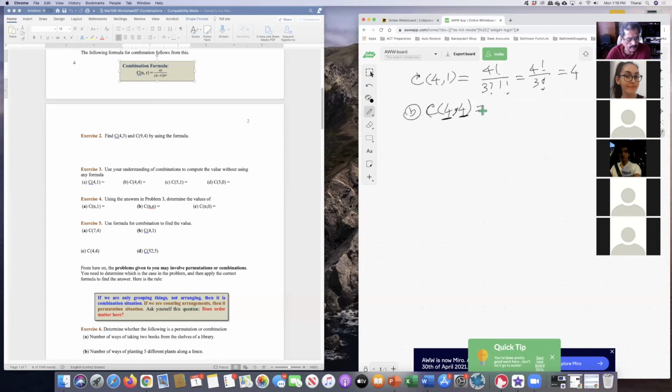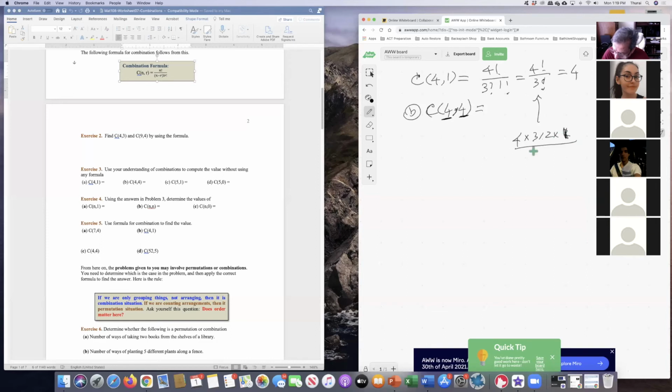Can you explain how we are getting 4 from dividing 4 factorial and 3 factorial? Oh, 4 factorial over 3 factorial. We did that in the last class. 4 factorial is the same as 4 times 3 times 2 times 1, going all the way down to 1, right?